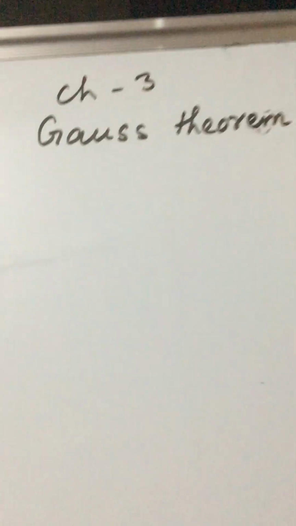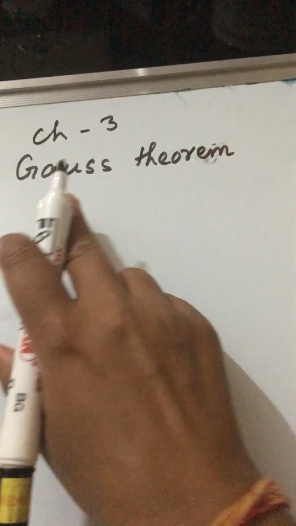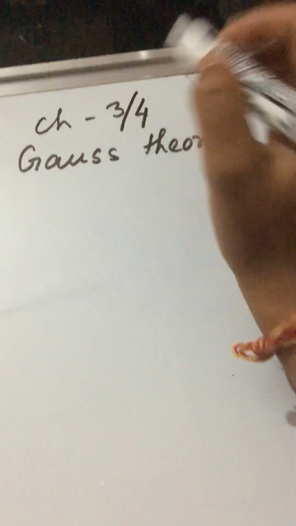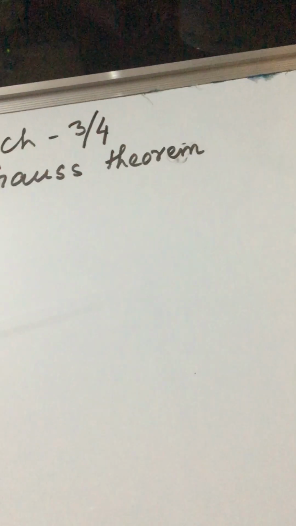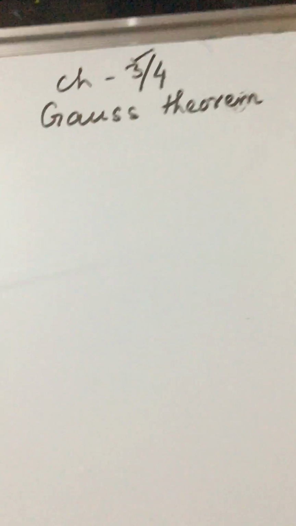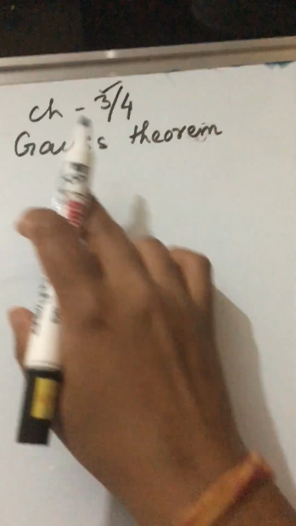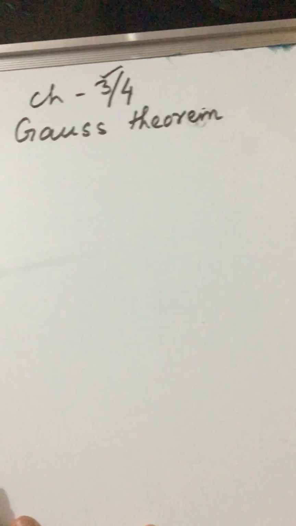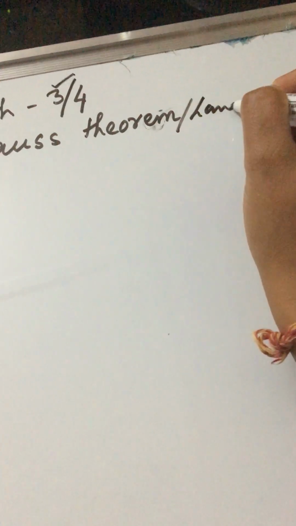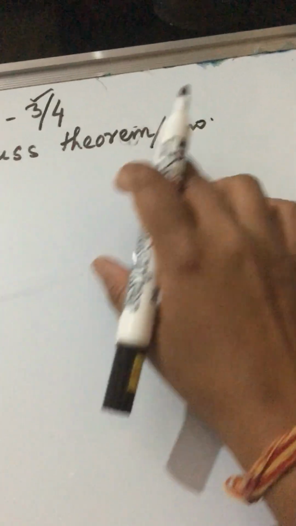In the ABC textbook, this might be chapter number 4, but here I will be doing it as chapter number 3. Before doing what exactly Gauss law or Gauss theorem is, sometimes both can be used.